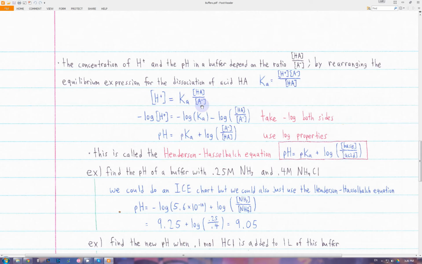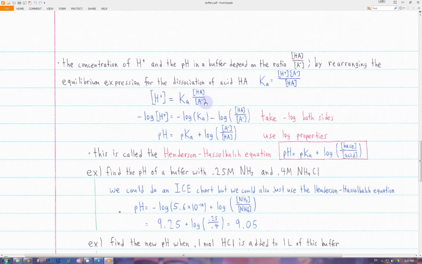And then we added hydroxide ion to that buffer, and after the hydroxide reacted with acetic acid, we had 0.49 molarity of acetic acid and 0.51 molarity of acetate ion. But this ratio, which is now 0.49 over 0.51, is basically the same.